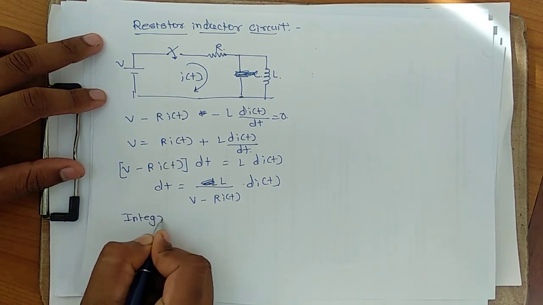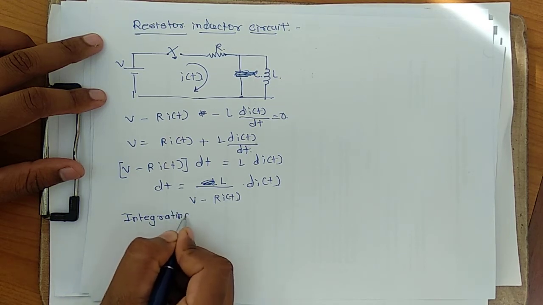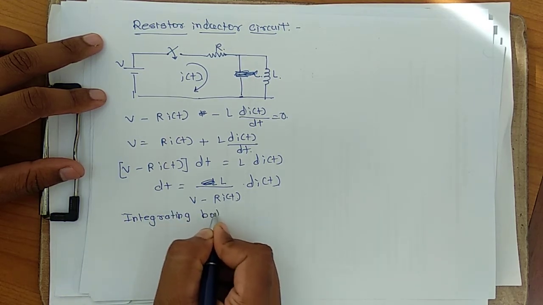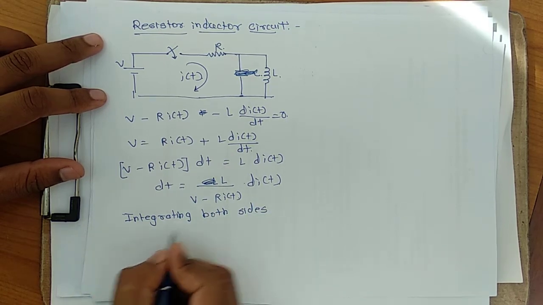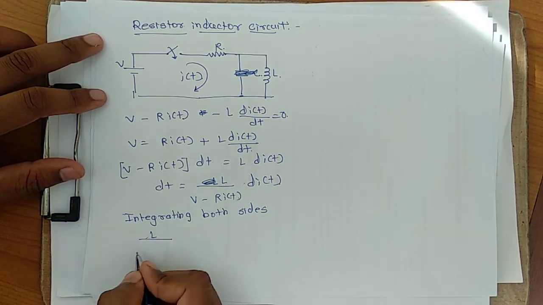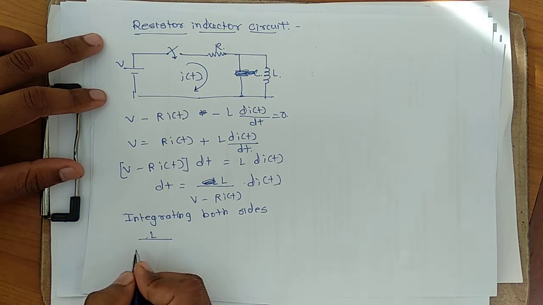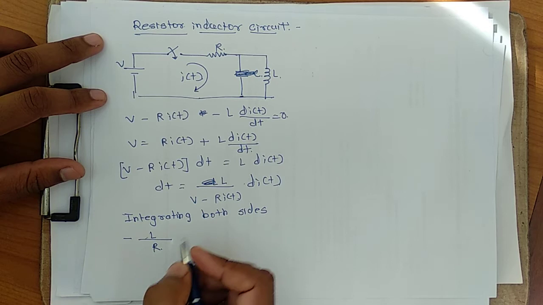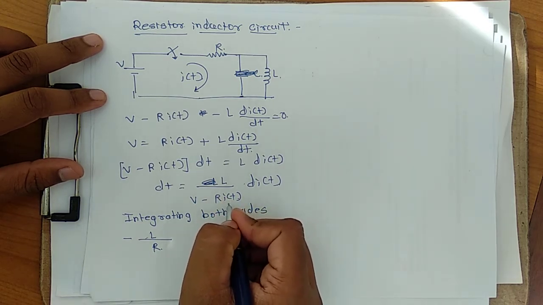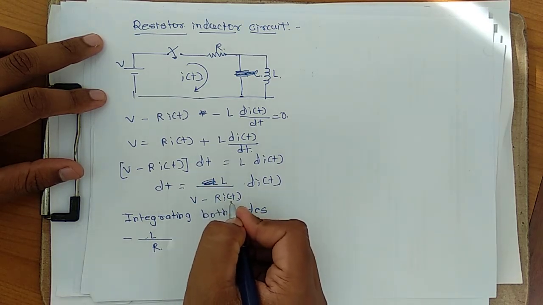integrating both sides, we will get minus L by R. How minus L by R? With respect to I of t, if you integrate, it should be V minus R I of t.